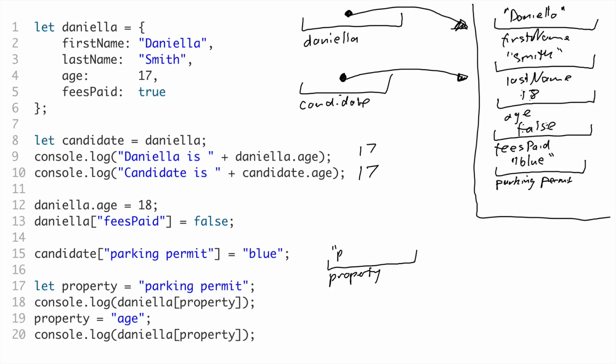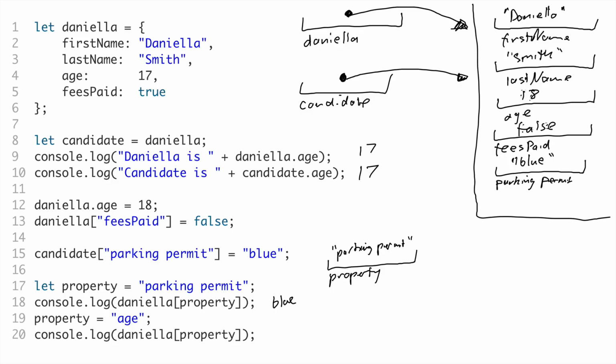We give it a value parking permit. And we then use that variable value on the next line to log out the parking permit property of the object that the variable Daniela points to. The effect of logging this, obviously we have the value blue in there, so this line here would print blue.